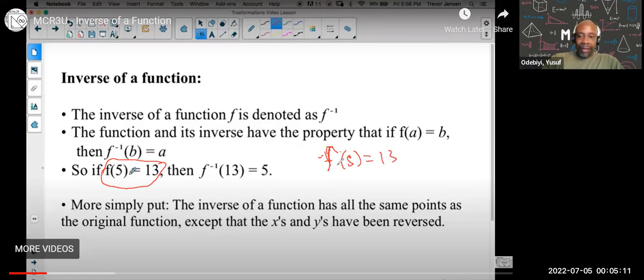Remember, we can say f of 5 is equal to 13, and f of 5 is basically saying that this can be replaced by y, okay? And then we can say y is equal to 13.